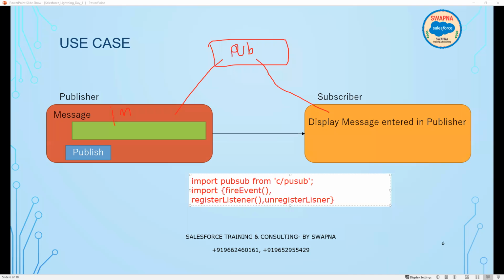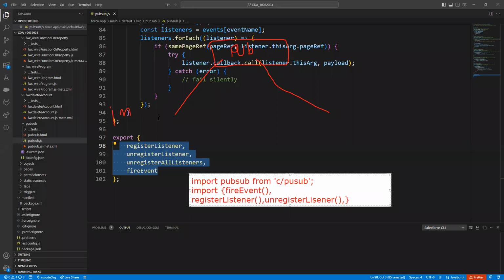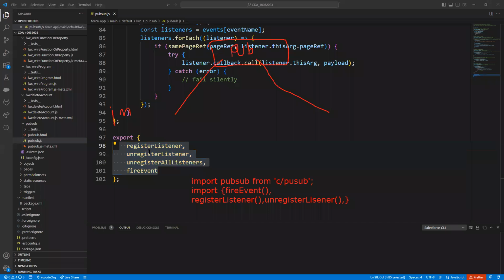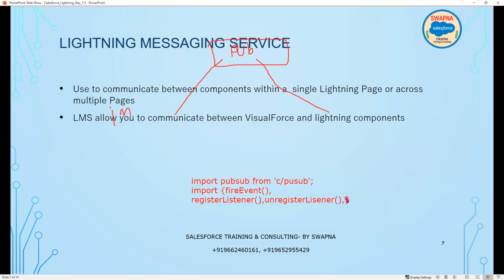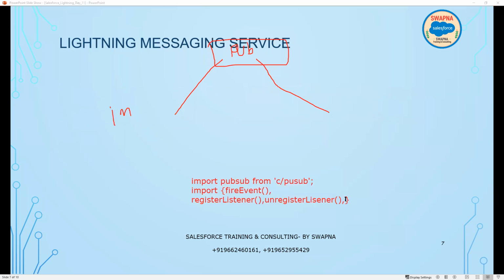Like this, you can call different methods, whatever methods are available within the PubSub, such as register, unregister, unregister all. You can call each method from PubSub.